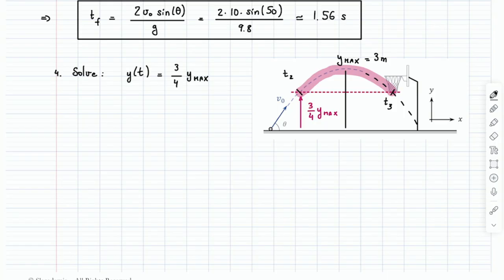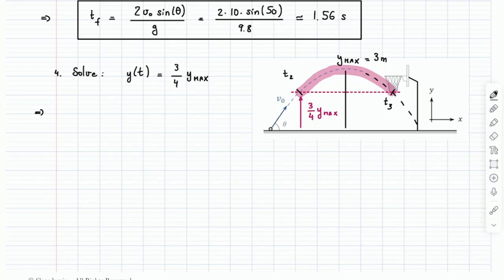That's it. That's what we're going to do. Now 3/4 is 0.75 if you prefer to write it that way. I'm going to leave it as a fraction, okay, because we're going to review quadratics, and this time we're going to have to solve with the quadratic formula. Okay, so we're going to solve that. It should give us two solutions, T2 and T3. I'll take the bigger solution, subtract the smaller solution from it. That's going to give me the time spent above this height.